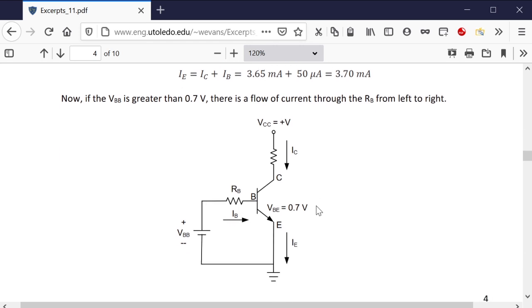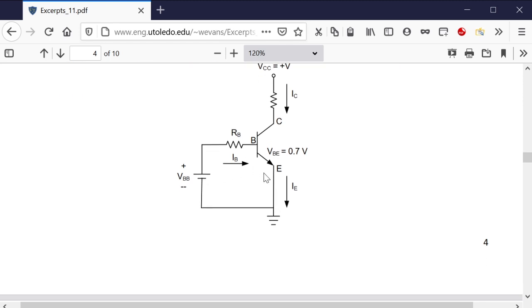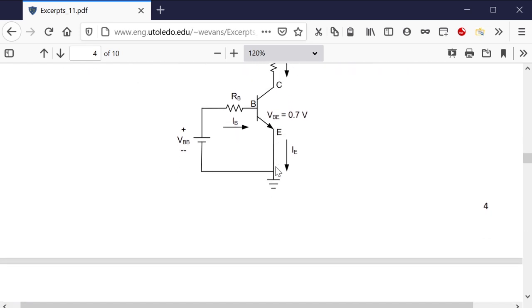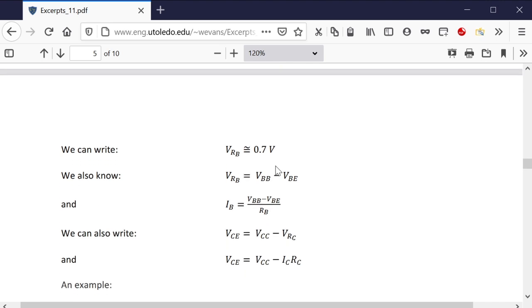As long as our VBB is greater than 0.7 volts, there's a flow, and we have the 0.7 volts B to E, so that uses up 0.7 volts. We can calculate what our IB would be in this circuit, and then if we knew the beta, we could calculate what our IC would be. We can write the voltage across RB to 0 volts as 0.7 volts, and IB is VBB minus VBE over RB.